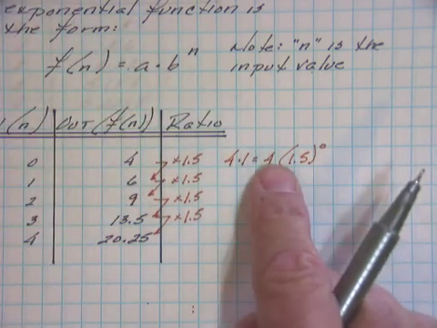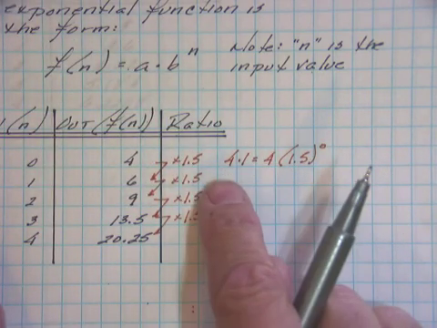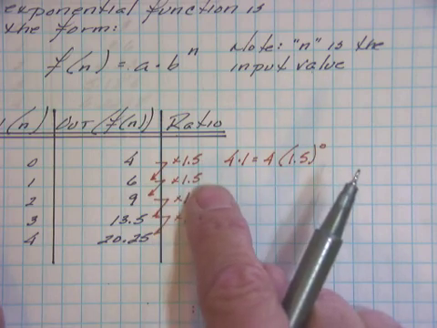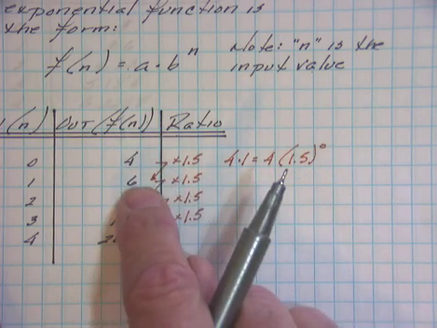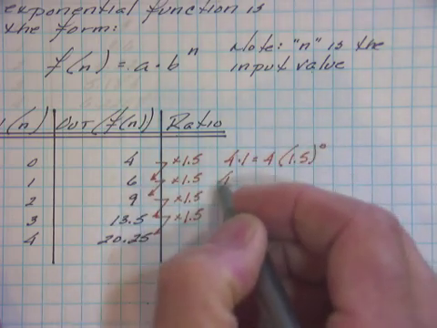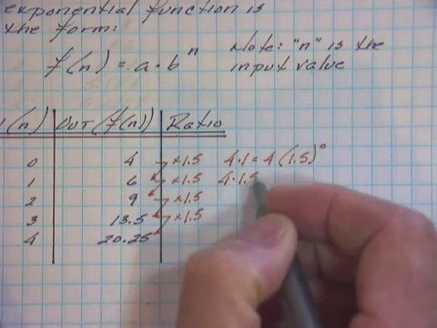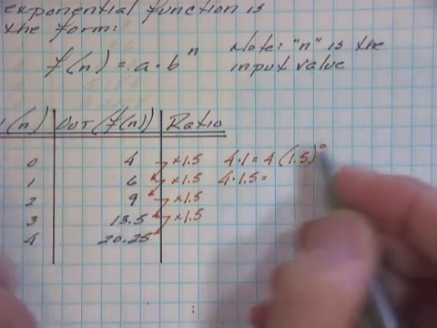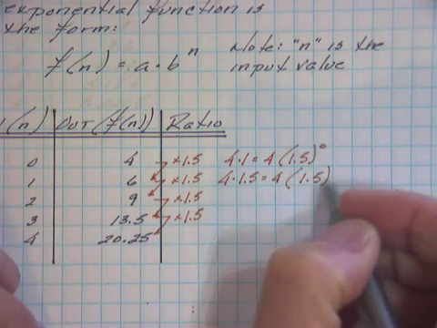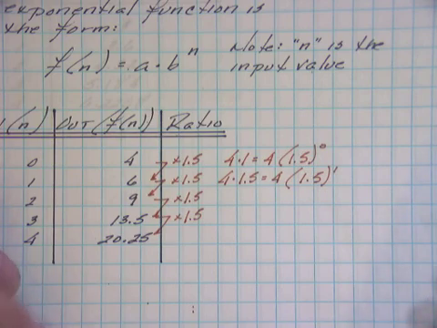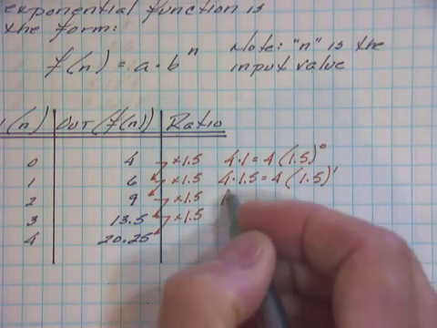So 1.5 to the 0 power is 1, and 1 times 4 is 4. We move to the next one, 6. And the way we get that is we take 4 times 1.5 to get to 6. So this would be 4 times 1.5. Well, I'm going to rewrite this as 4 times 1.5 to the first power.